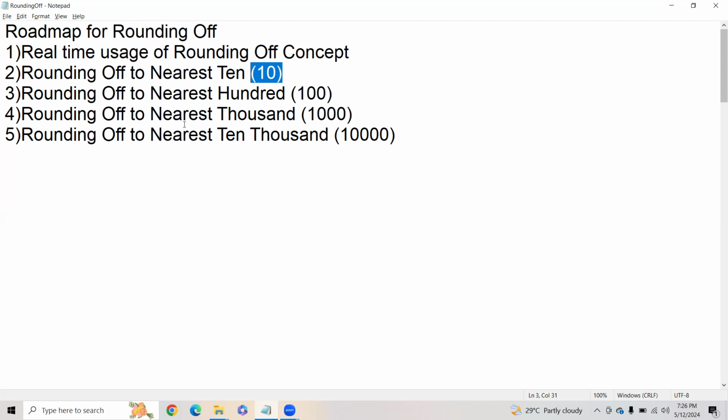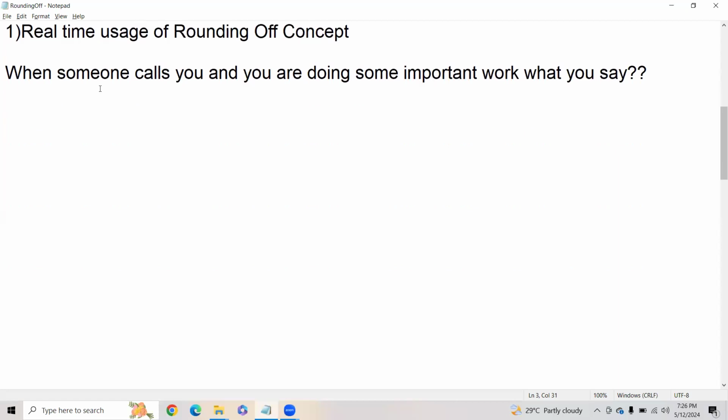So let's get started. Let's look at the real-time usage of rounding off. Let's assume someone calls you and you are doing some important work. What do you say to that person? You say I'll call you back in 5 minutes, or I'll call you in 10 minutes, or maybe if you are doing some urgent work and it is going to take more time, you say I'll call you back in half an hour or 1 hour.